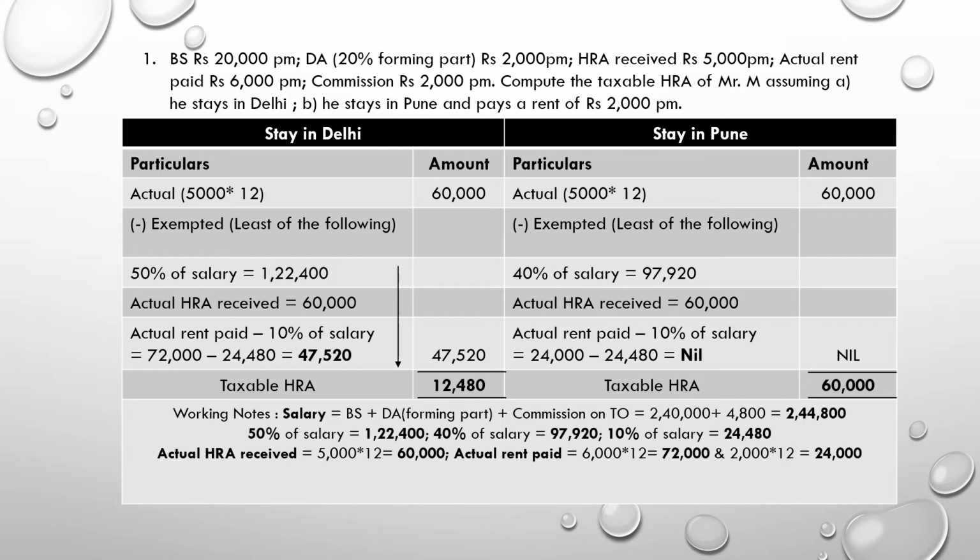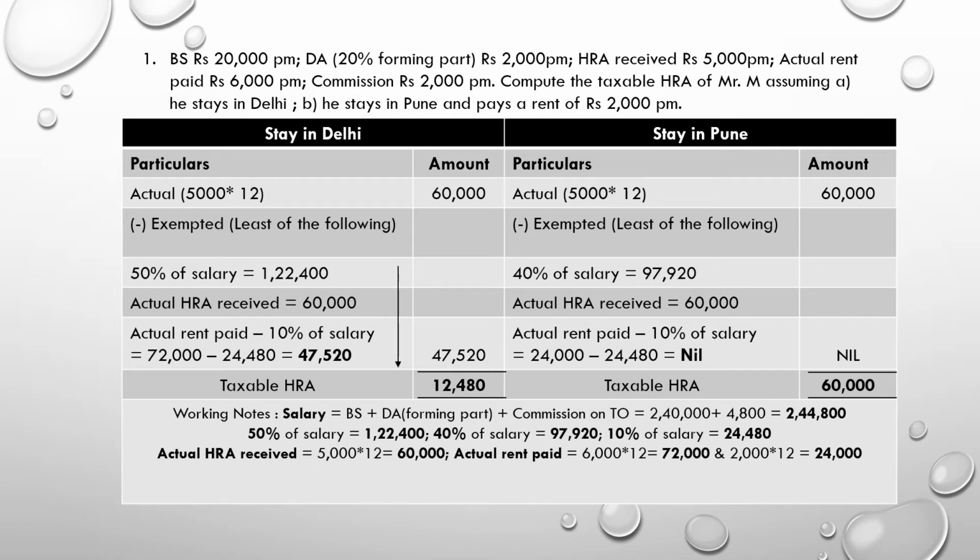If Mr. M stays in Delhi, then the exempted HRA will be the least of the following. First, 50% of salary. Salary under HRA is basic salary plus DA forming part plus commission on turnover.